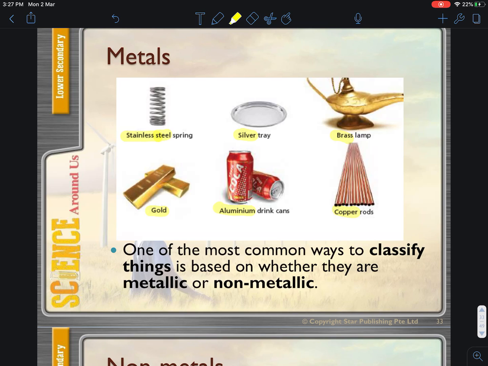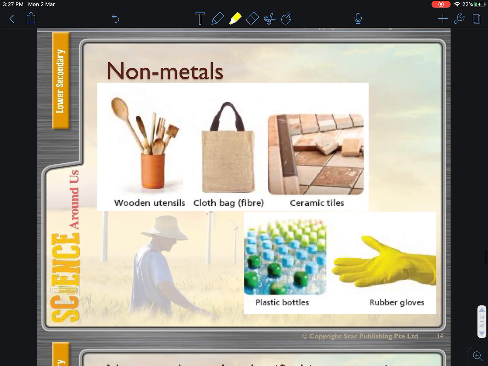One of the common ways to classify things is whether it is metallic or non-metallic. Non-metallic materials are like your wood, your cloth, which is fiber, ceramic tiles, plastic, and rubber gloves. For tiles, we tend to use ceramic because they are very low in thermal conductivity.